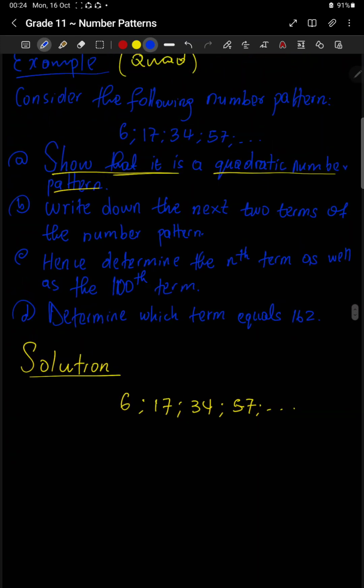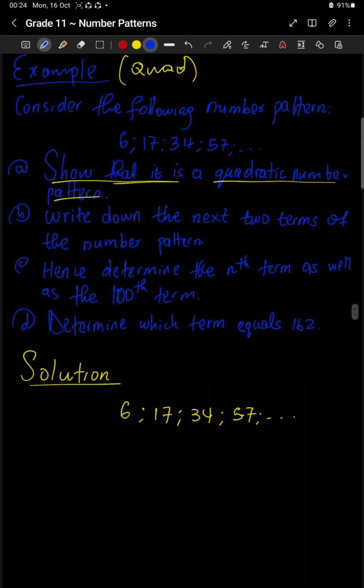So now let's begin, and we will look at this one here. We're going to use the same method to find the difference. Okay, so we want to say this is T1, this is T2, this is T3, this is T4. We're going to say T2 minus T1 and T3 minus T2.